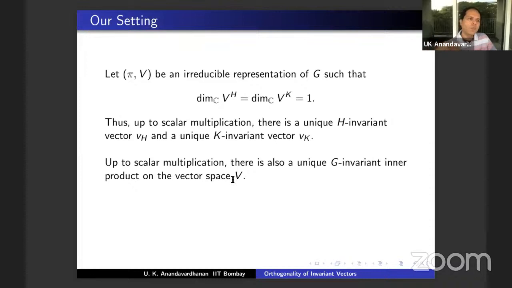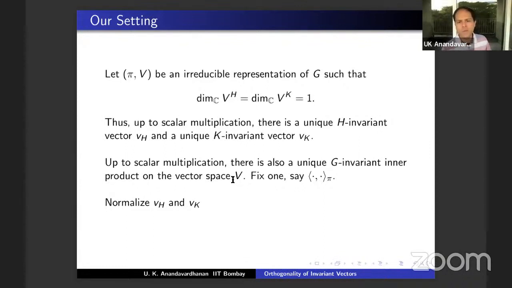Now that you have a unique H fixed vector, a unique K fixed vector, and a unique inner product, all up to scalar multiplication, you fix one. Let's denote it by this inner product with respect to pi. And I don't want ambiguity of scalar multiplication either. One way to do that is to make it norm one.